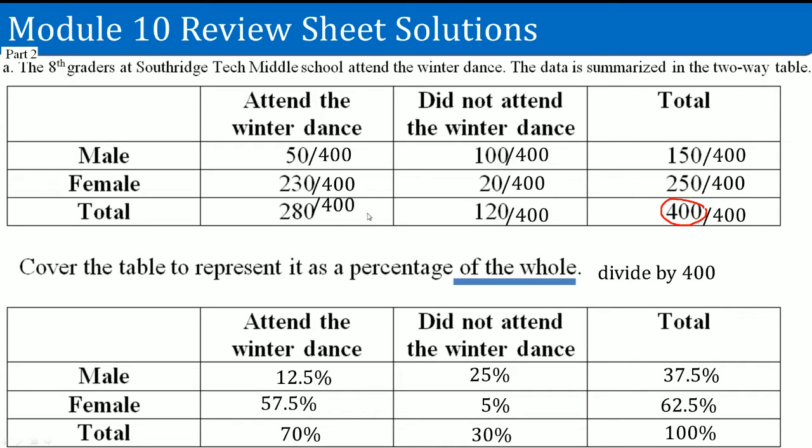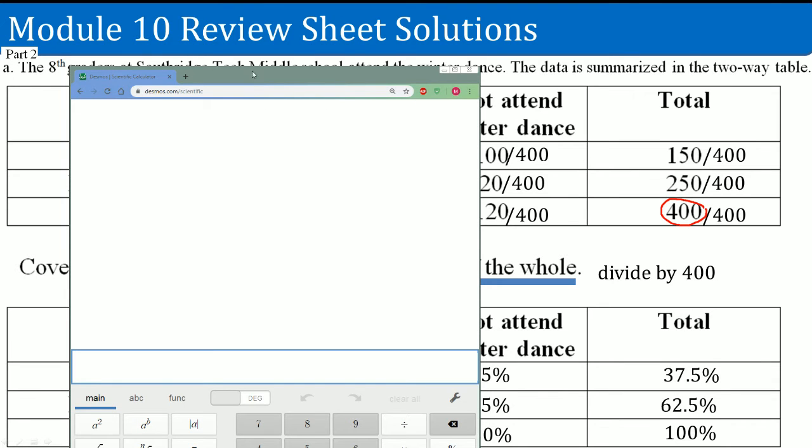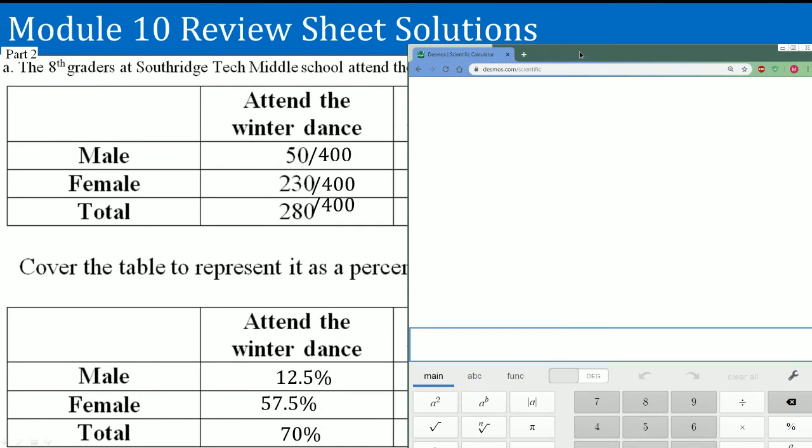Remember, once you plug this into your calculator, you're going to get it in decimal. Let me show you. Let's see if I can pull up decimals. Give me a second here. Okay, so I have decimals up. So let me show you the first one.